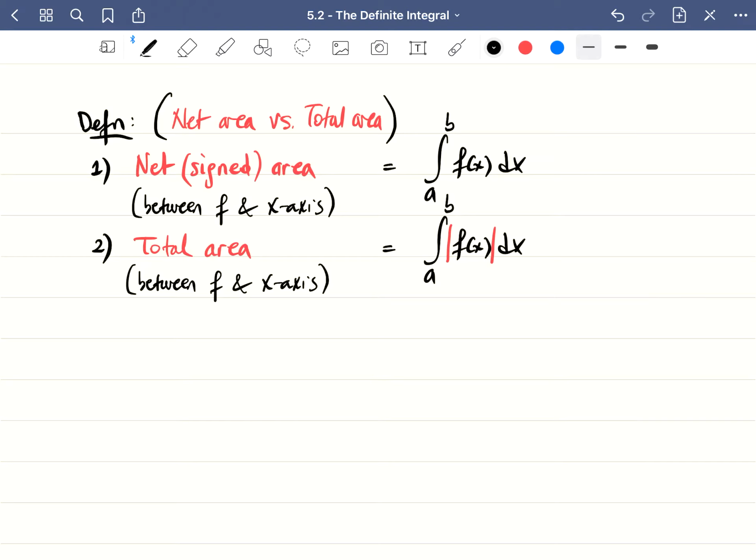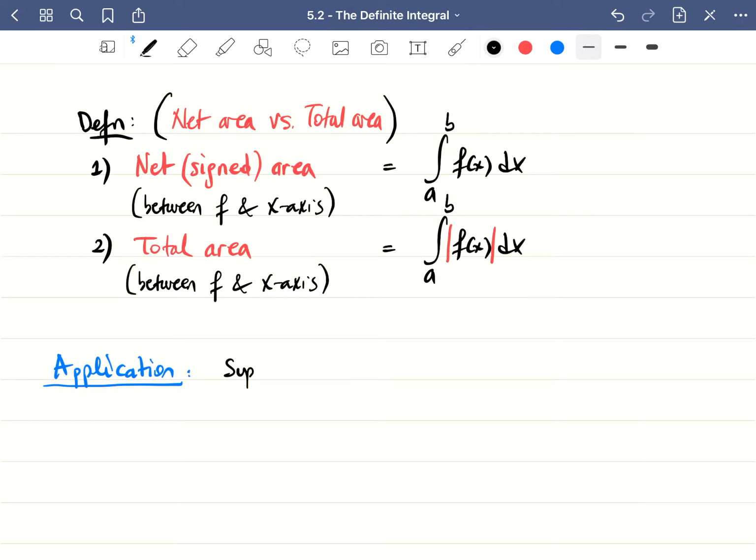Okay, so maybe I should do one application right now, since it's related to this definition. Let's suppose that an object is moving in a straight path. We're going to drop the units.